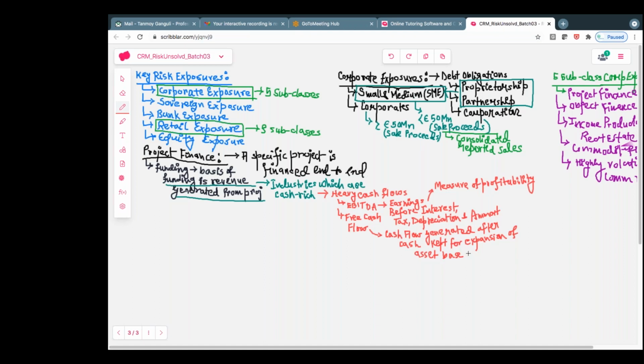Right? So over here, what I have is the cash flow generated after the cash kept for the expansion of the asset base.